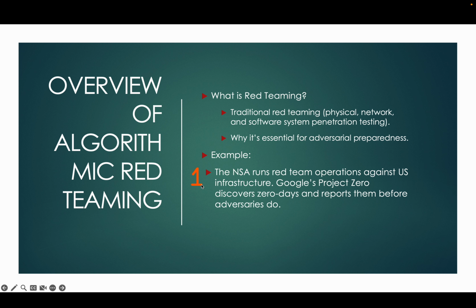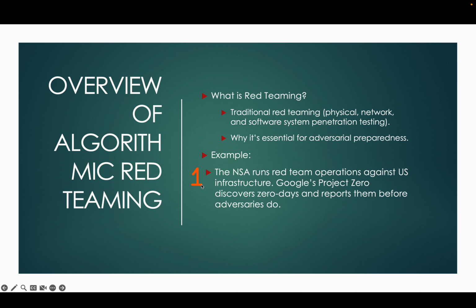So what is the motivation? Why do we need algorithmic red teaming? We need it because the traditional idea of AI performance measured by accuracy or F1 score isn't enough. AI systems now power autonomous vehicles, medical diagnostics, loan approvals, and national security systems.